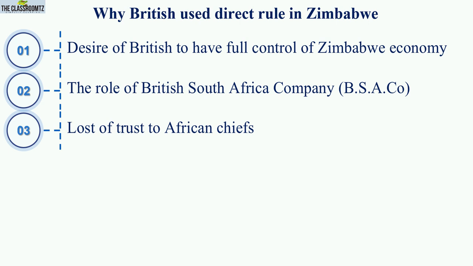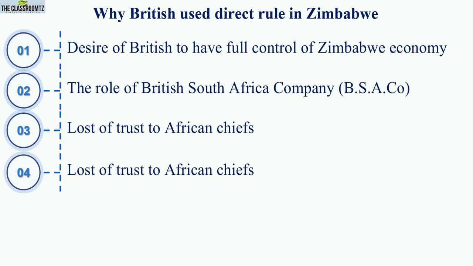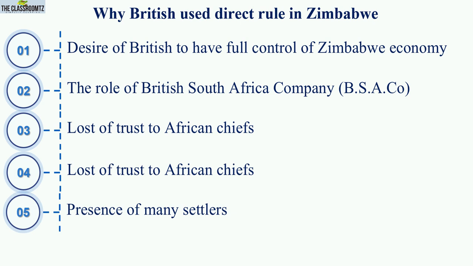Loss of trust of African chiefs. Europeans never trusted African chiefs again, especially after the resistance and the introduction of colonial law. Presence of many settlers in Zimbabwe.